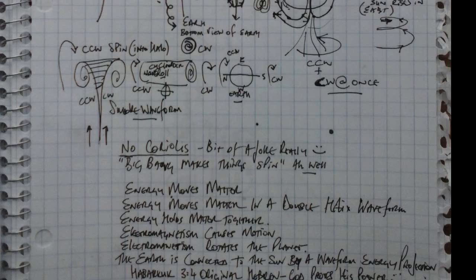It has a counterclockwise spin to the top of the waveform, which can be likened to a cylinder roll, so it's still all moving counterclockwise, but when you stick it on a planet, one goes in one side, one goes in the other, you have a full counterclockwise rotation. But now, because people are upside down on either end of the planet, one is moving clockwise and one is moving counterclockwise. Energy moves matter.